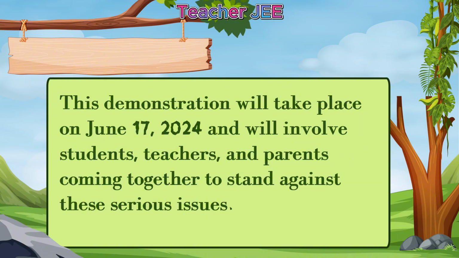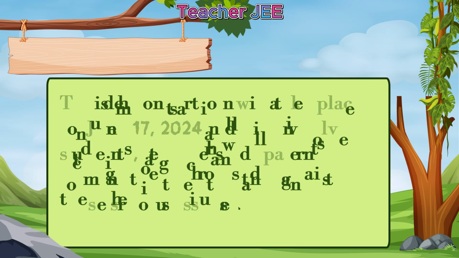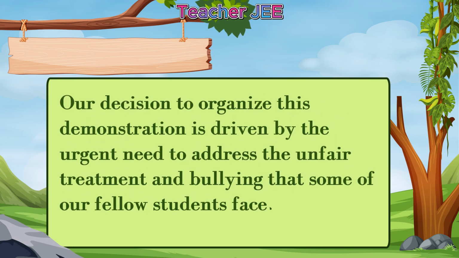This demonstration will take place on June 17, 2024, and will involve students, teachers, and parents coming together to stand against these serious issues. Our decision to organize this demonstration is driven by the urgent need to address the unfair treatment and bullying that some of our fellow students face.